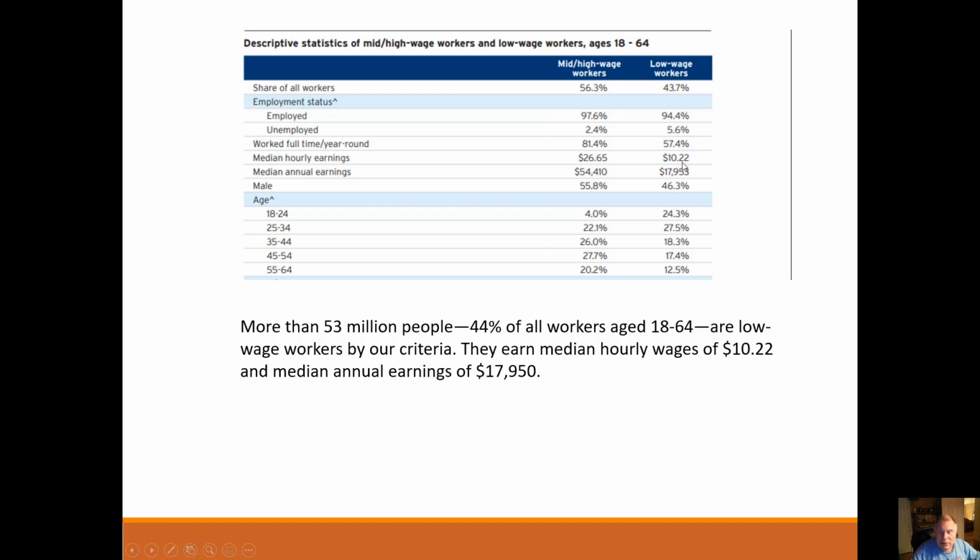Average median hourly earnings, 10.22 per hour. That's $17,000 a year, $18,000. So think about that. 44% of American workers make a median of $17,953. That's pretty low.